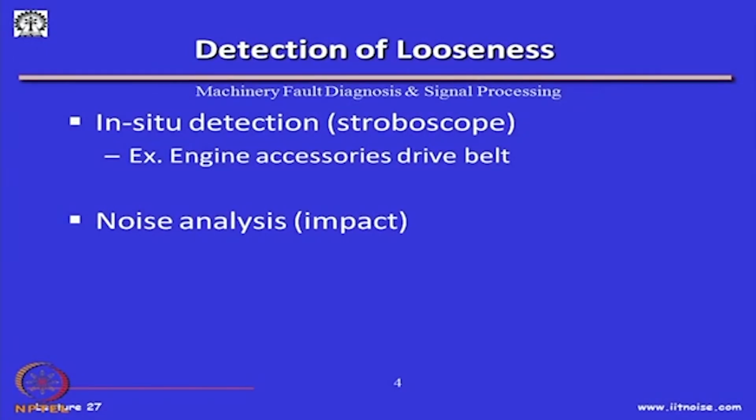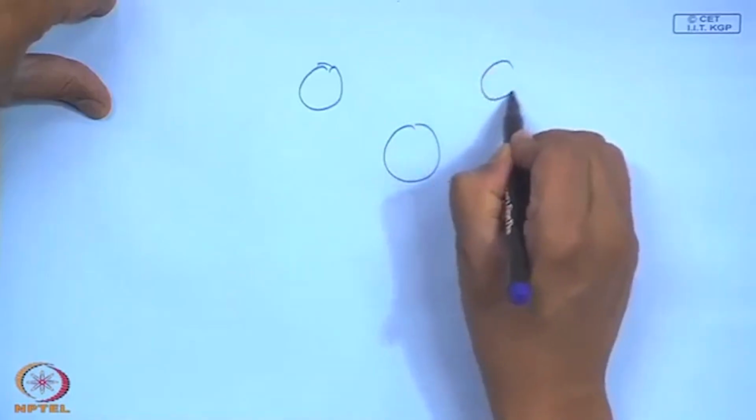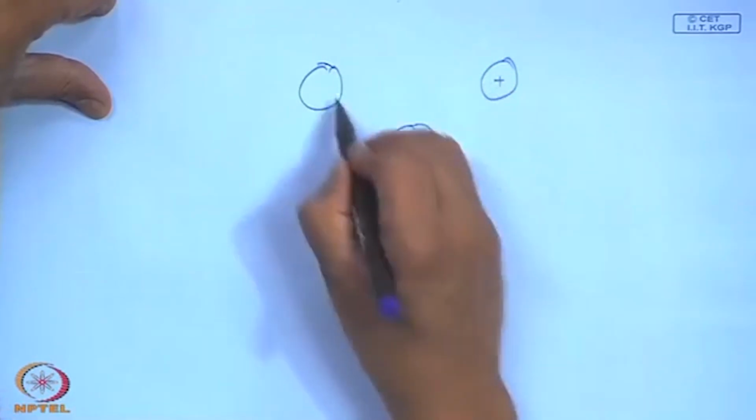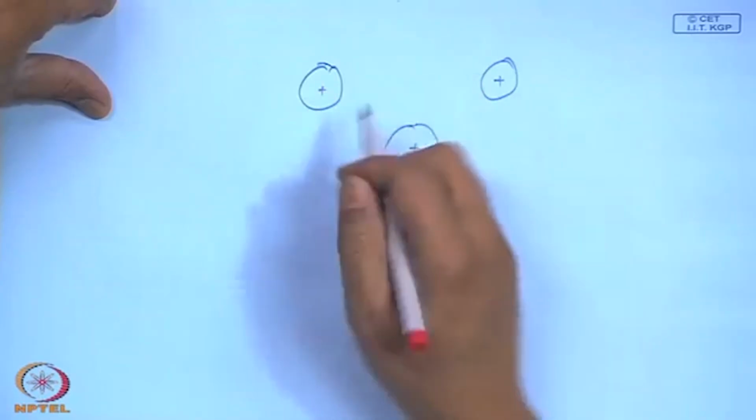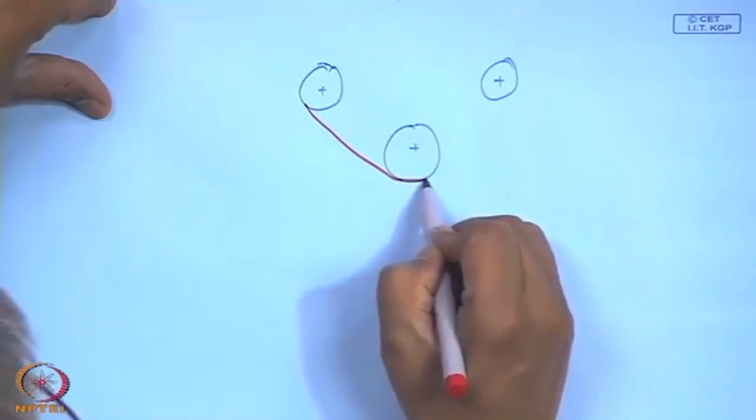Now, because this looseness and rubs are interrelated, how do you detect this looseness? Many times in many systems, there are a series of belts, and then there will be a series of pulleys, and there will be belts going all over the system.